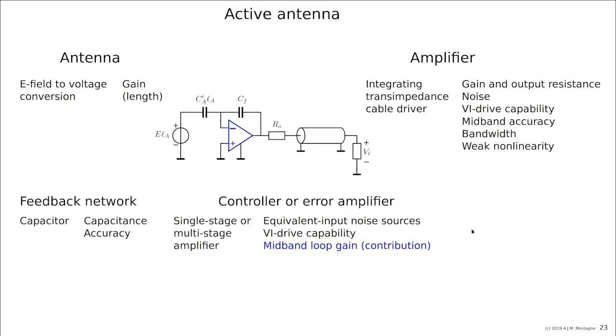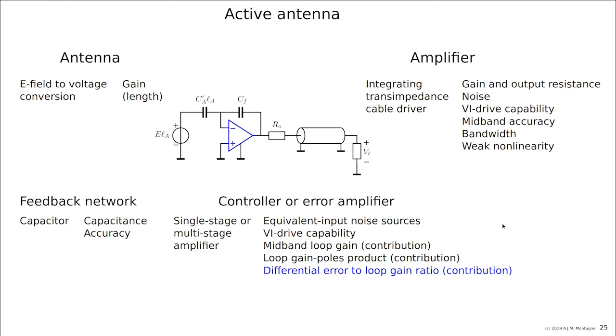And then we have things that contribute to mid-band accuracy, and that is mid-band loop gain. The controller gives a contribution to the loop gain because also source and load impedance, as you know from the feedback model we use, can be part of the expression for a loop gain. So one important thing is the contribution of the controller to the loop gain. In a similar way, for the bandwidth, the loop gain pole product and the contribution to it is an important parameter for setting the bandwidth of the amplifier.